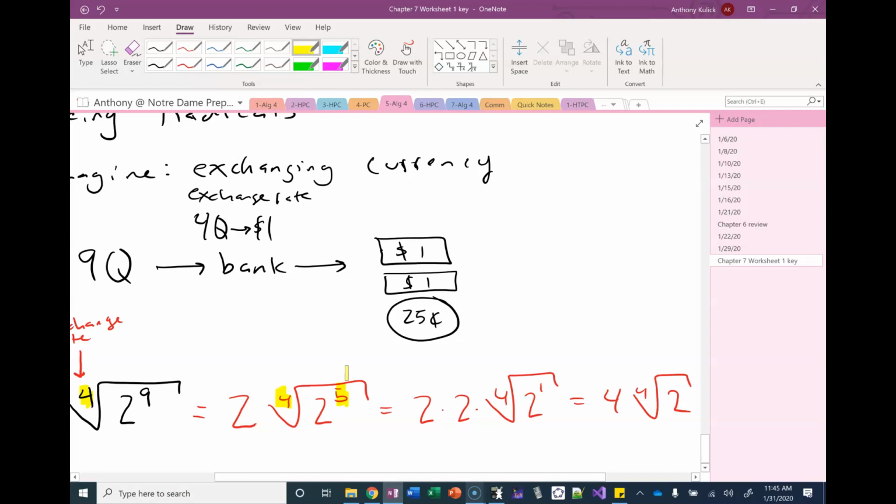So the exchange rate, it takes 4 2's under the radical to get 1 2 outside of the radical. So I have to subtract 4 2's from underneath, leave me with 1, and I'll add 1 extra 2 on the outside. Is that okay?